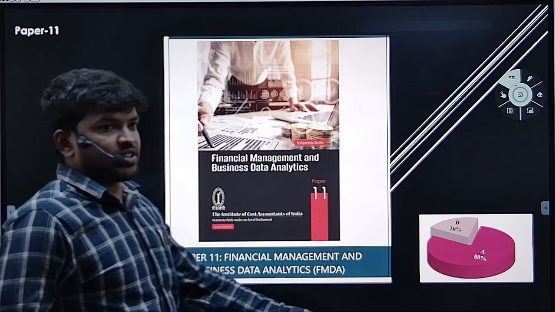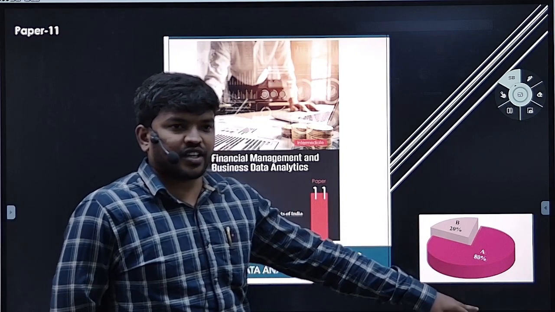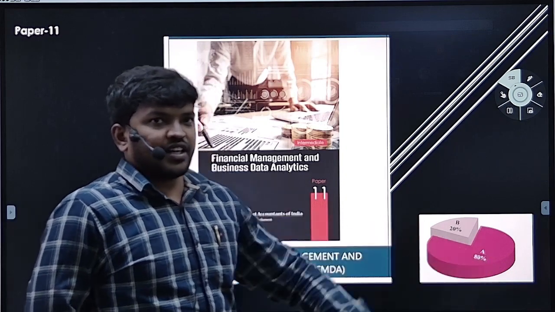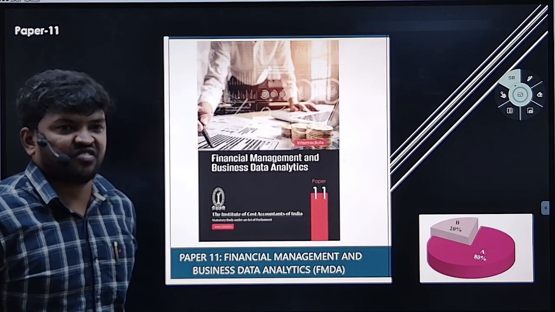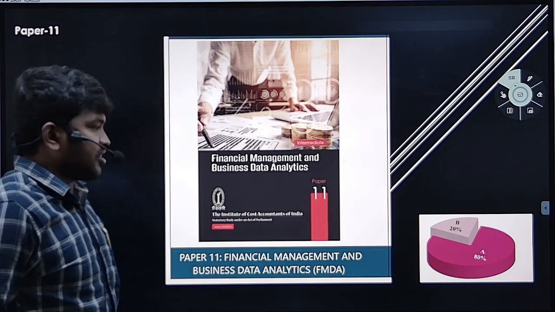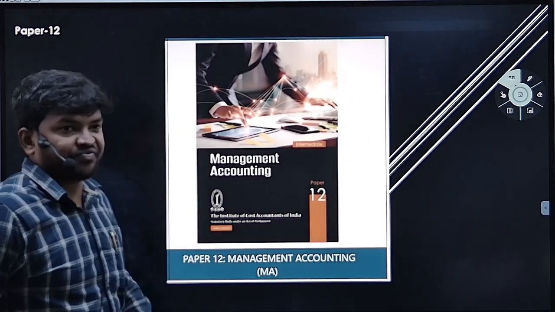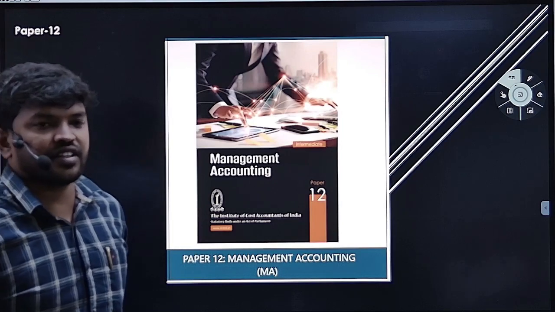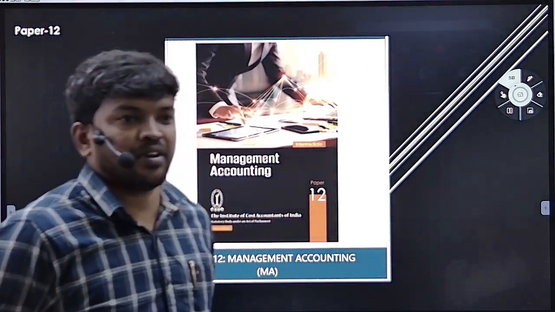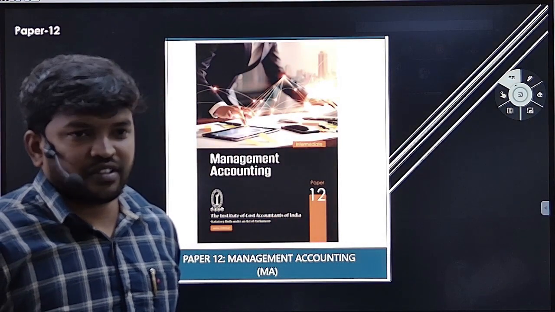Financial management is for 80 marks. Data analytics is for 20 marks. This is paper number 11. And the final paper, management accounting. You don't have any subdivision in this paper. It is for 100 marks.